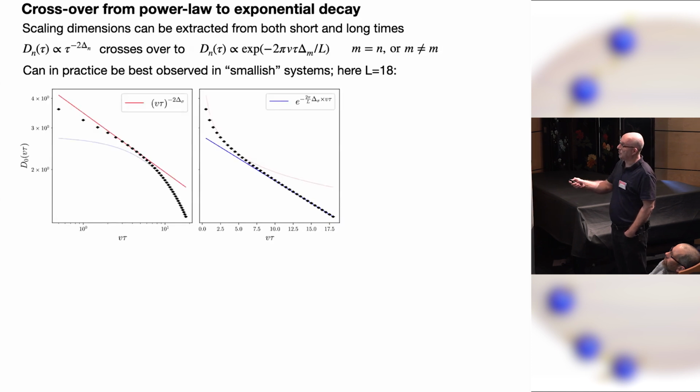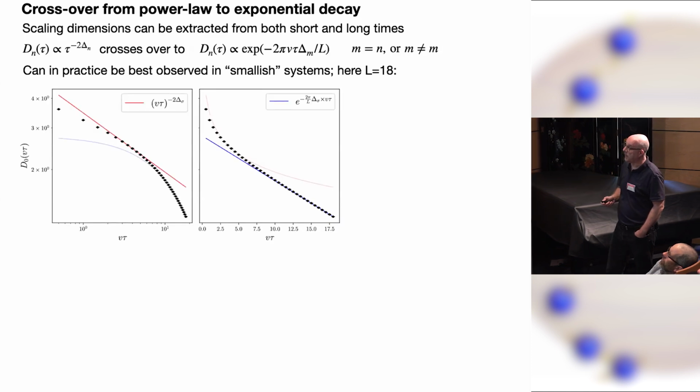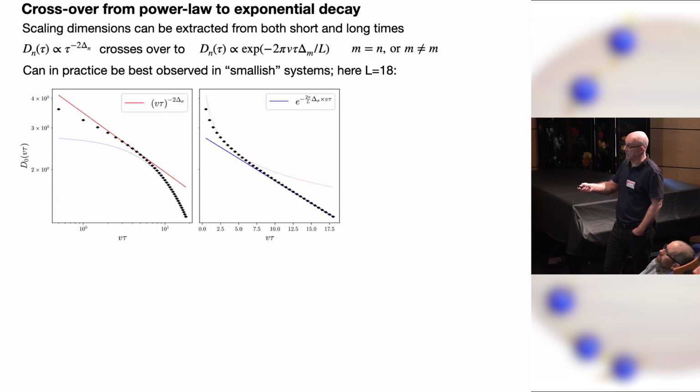So here I show an example for L equals 18. This is using the operators I showed you before, a total of 8 of them. And this is the leading eigenvalue as a function of time. The red line here is the expected power law based on the primary scaling dimension.